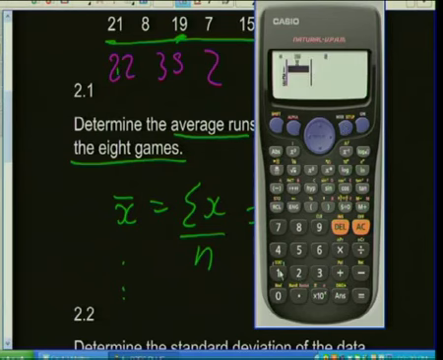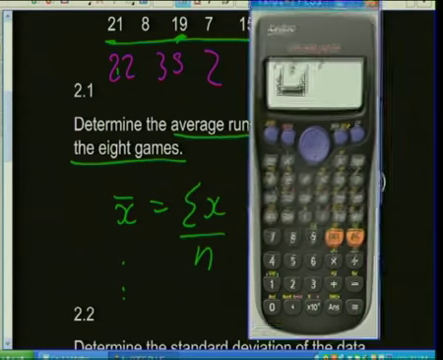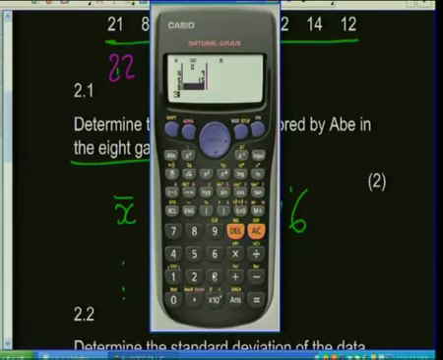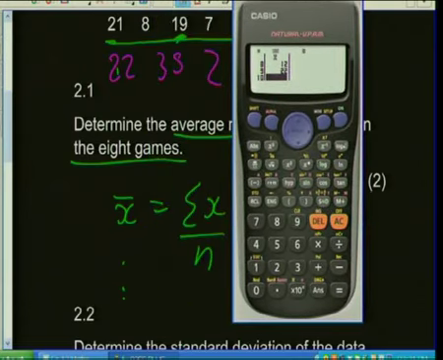Again, I can enter my data again, which is 21 equals to 8, then 19, 7, 15, then 32, then after 32, I have 14, 12, then 22, then 10, after 10 is 35, then 2.